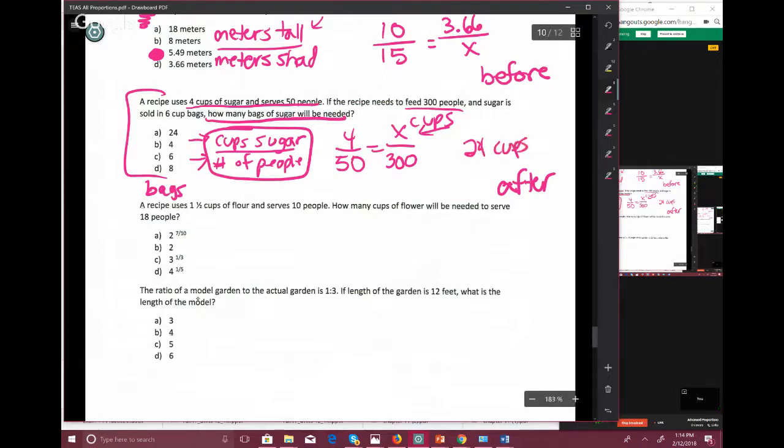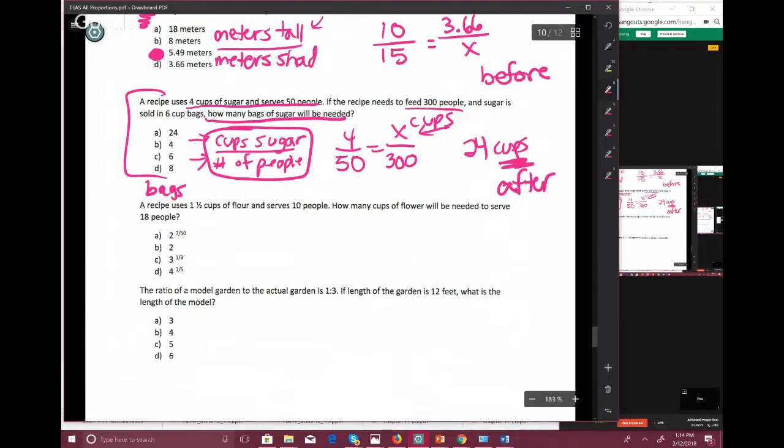And just make sure that anytime you're doing a proportion, especially one that looks like it's pretty tricky, that you make really sure that you know what unit you're in all the time. Make sure you've acknowledged to yourself coming out of this question that you have cups right now, not bags.